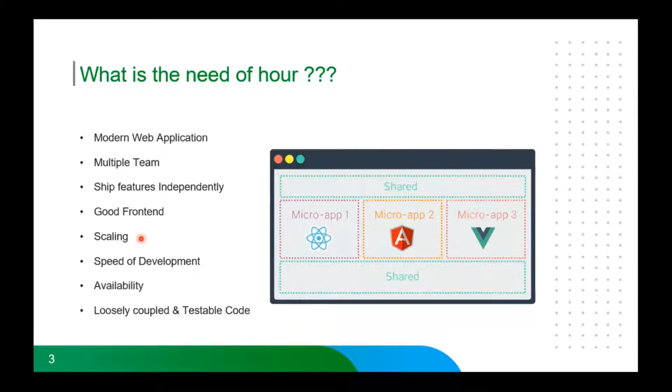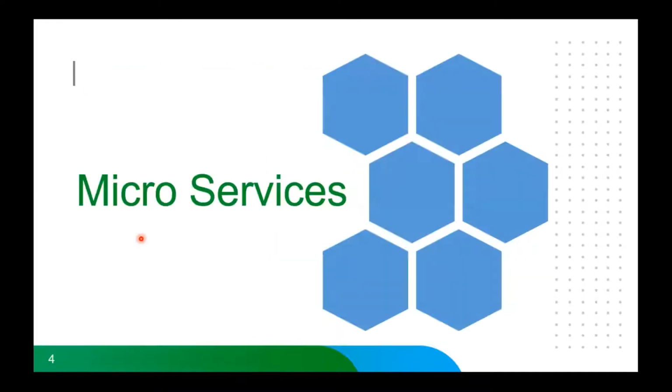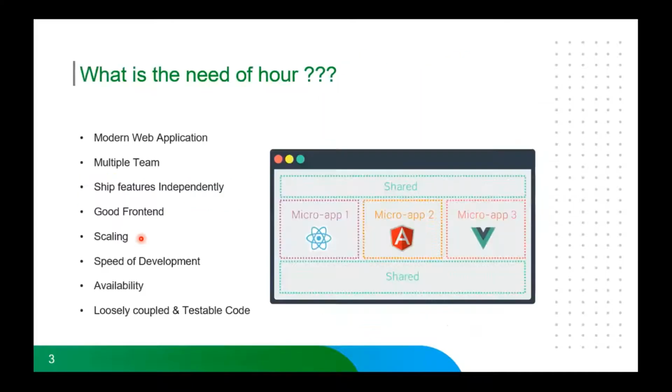So we need to identify some technique or way to achieve this, and yes, we have a solution. This is microservices, a technique where we can divide a complete application into smaller services and work on those, which allows us to ship features independently and scale.